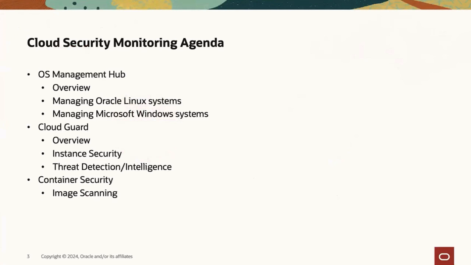This is a service that maintains and manages your OS level packages and security bug fixes for Windows and Linux. Then I will go into CloudGuard, which is our security posture management service. And then Amit will end the discussion talking about container security, which scans for vulnerabilities of custom images within OCI registry. So Amit, please take it away.